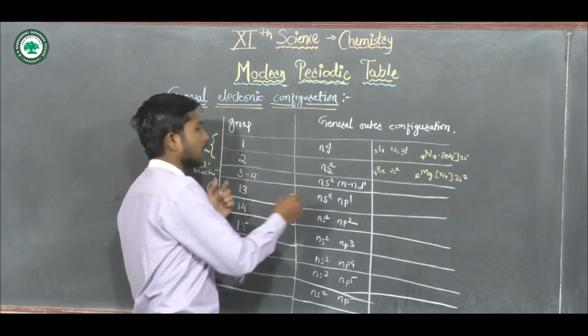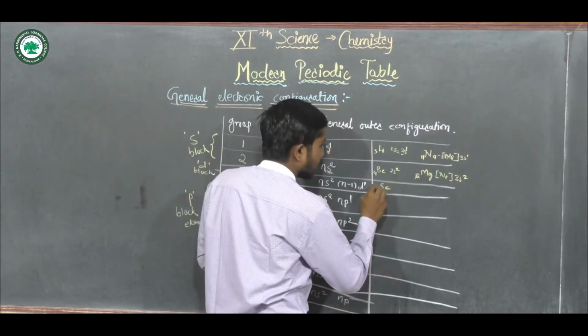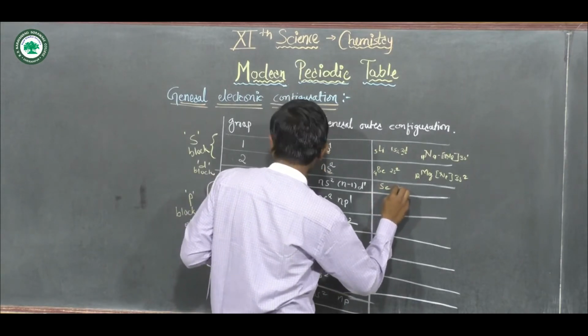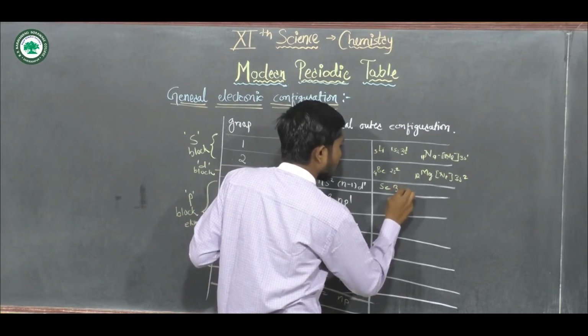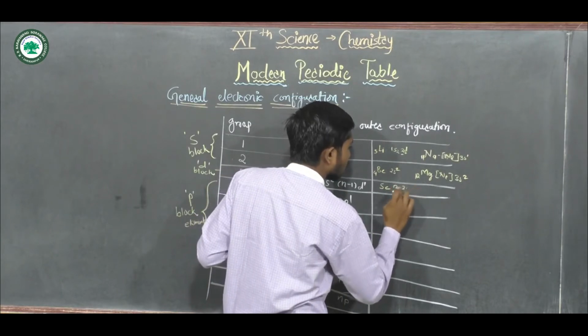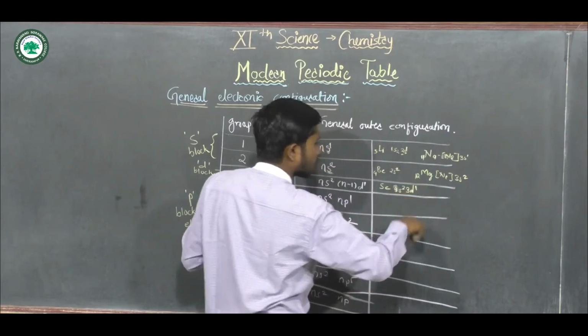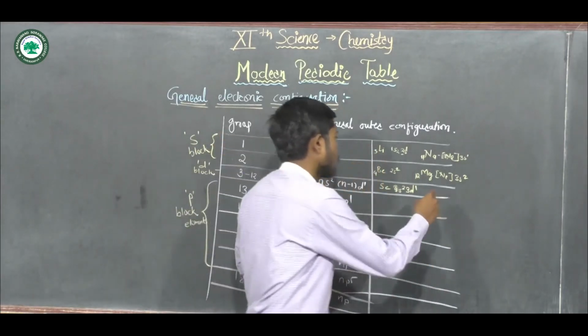Now in case of these, the first element we can write scandium, that general electronic configuration will be 4s2 3d1. Preceding noble gas element will be argon.